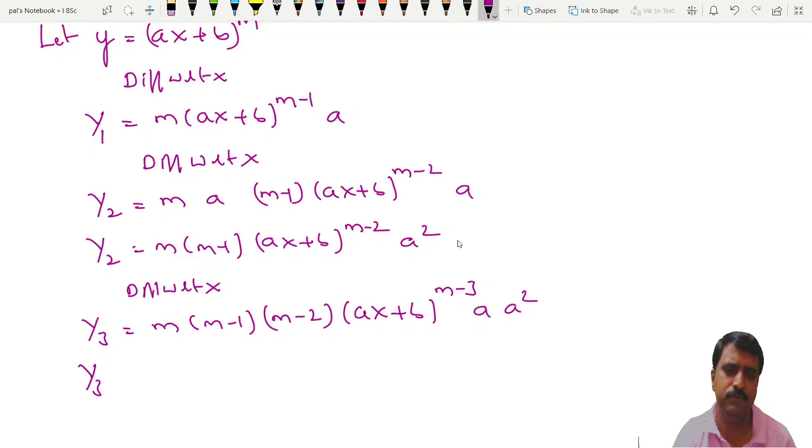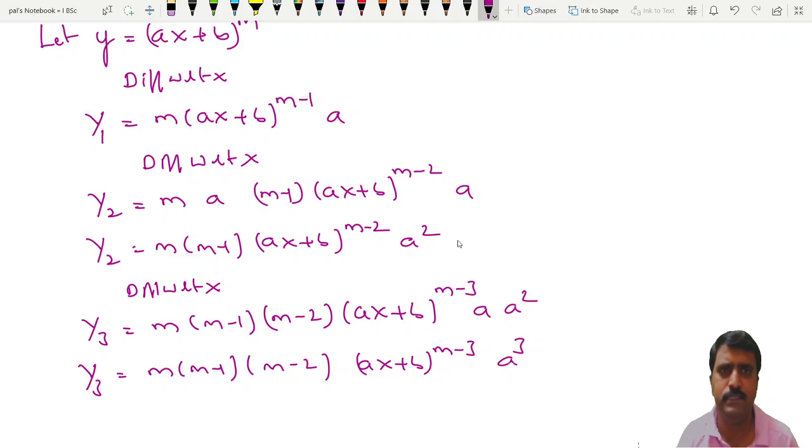So y3 is equal to m into m minus 1 into m minus 2 into ax plus b to the power m minus 3 into a cube. This is y3. By using y3, you can generalize the result.